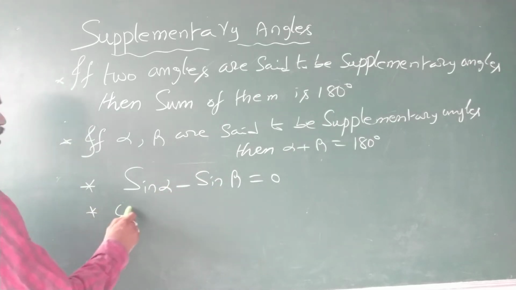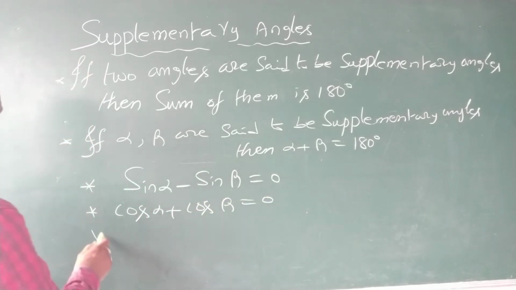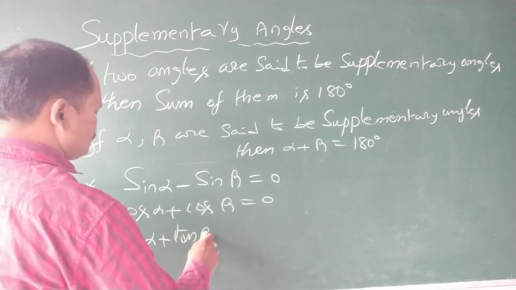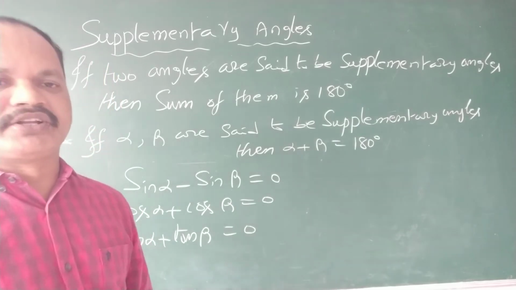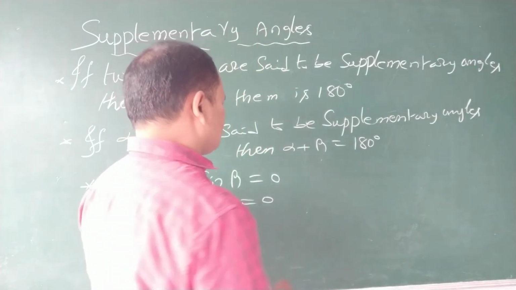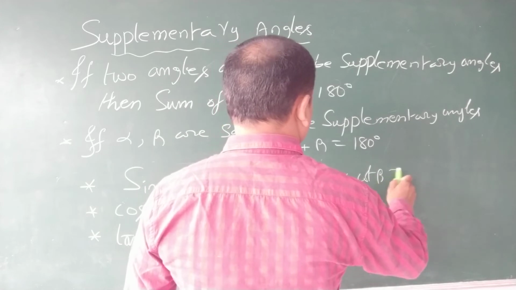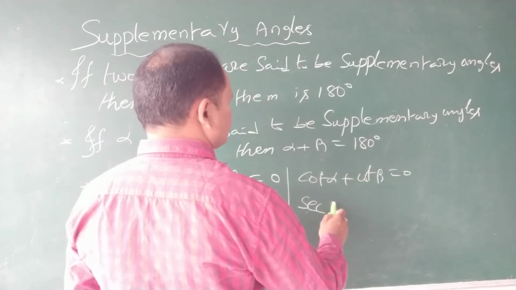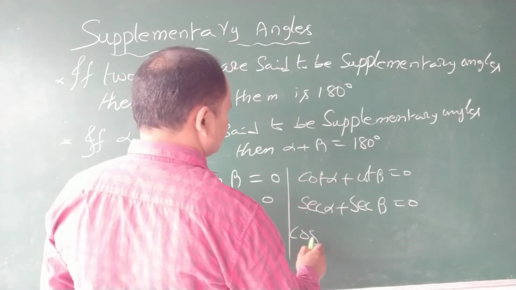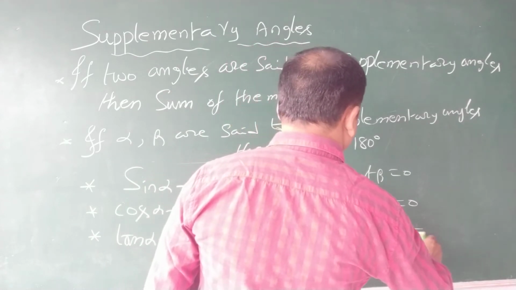Similarly, cos alpha plus cos beta is 0, tan alpha plus tan beta is 0, cot alpha plus cot beta is 0, secant alpha plus secant beta is 0, and cosecant alpha minus cosecant beta is 0.